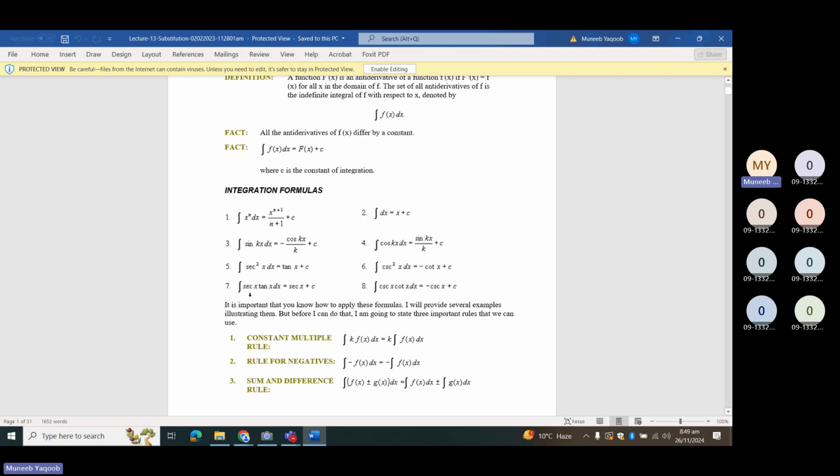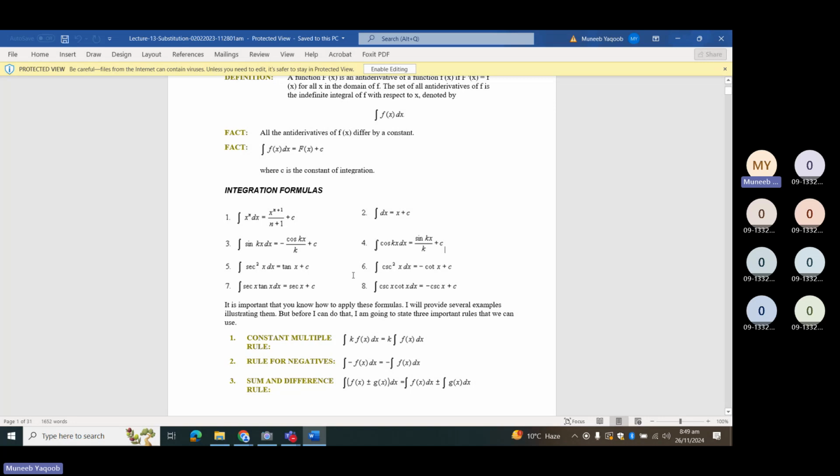And integral of secant x tan x is secant x plus c. Why? Because the derivative of secant x is secant x tan x. Similarly, integral of cosecant x cot x is minus cosecant x plus c. Why? Because the derivative of cosecant x is minus cosecant x cot x. So integration is a process that is the reverse of differentiation.